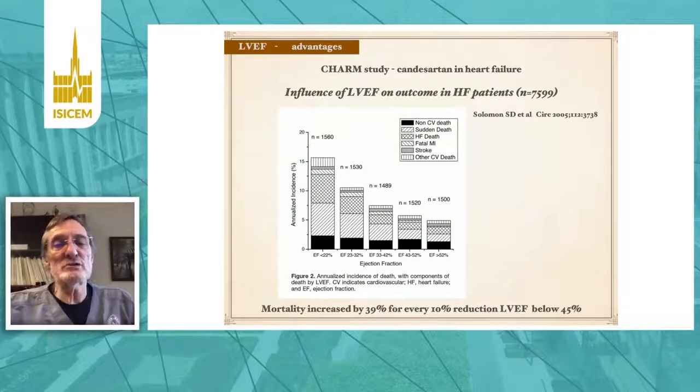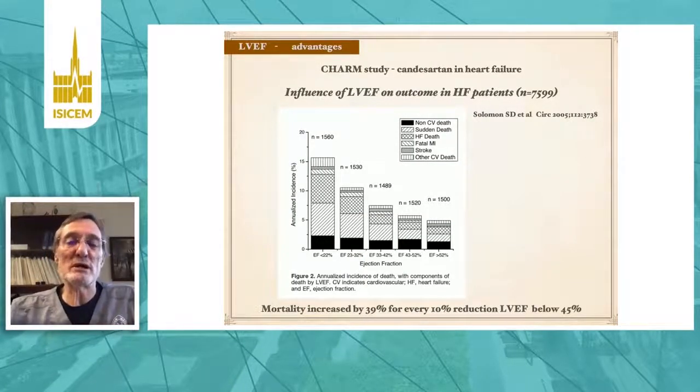Now, the left ventricular ejection fraction has been used for many years and for good reason. I've put up a couple of cardiac studies. Here's one from the CHARM study, a few years ago now, but I chose it because of the large number of patients, 7,500, where candesartan was used to evaluate its role in the treatment of heart failure.